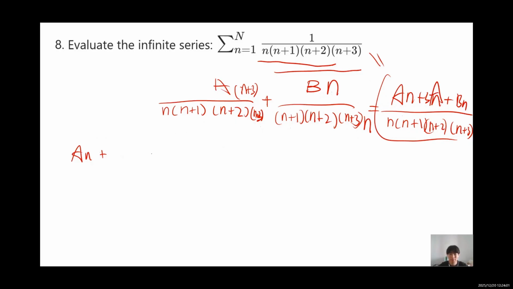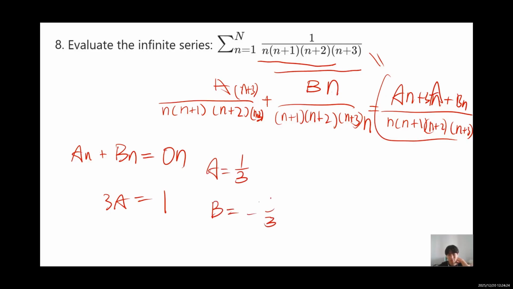Yeah. Plus 3a plus bn equals 0n, and 3a equals 1. So a equals 1 over 3 and b equals minus 1 over 3. That's quite easy.